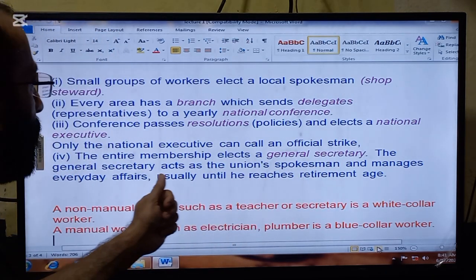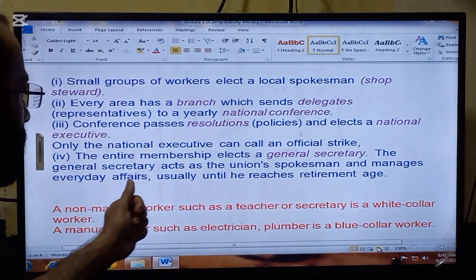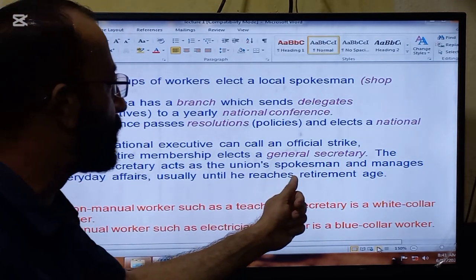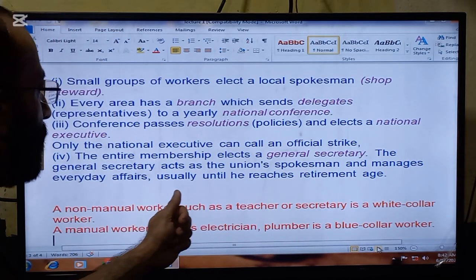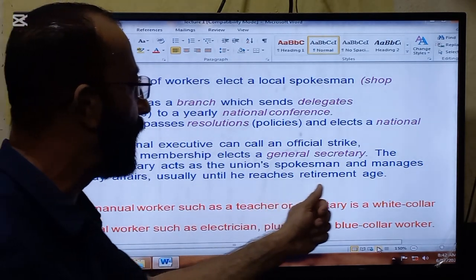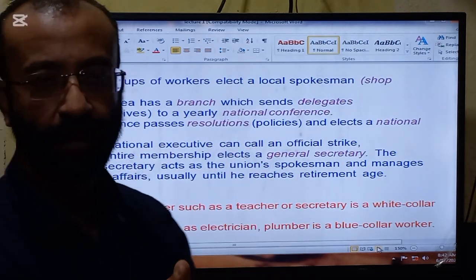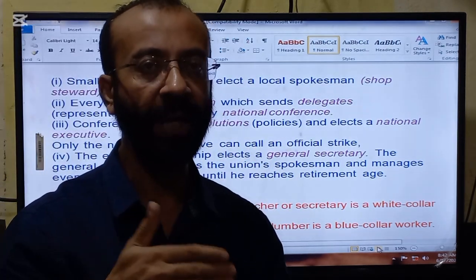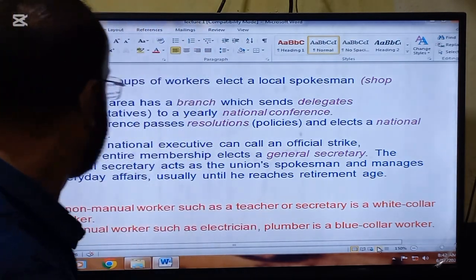The entire membership elects a general secretary. The general secretary acts as the union's spokesman and manages everyday affairs, usually until reaching retirement age. So this is the criteria through which a trade union is organized.